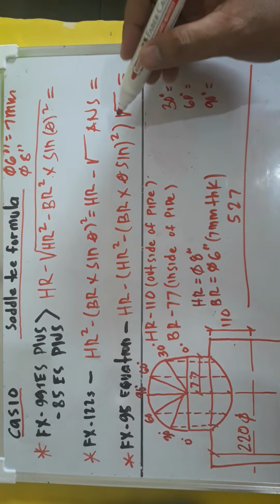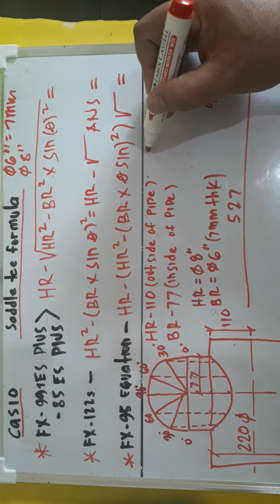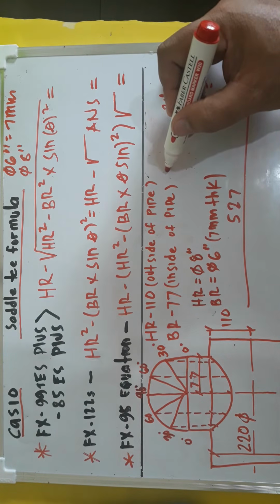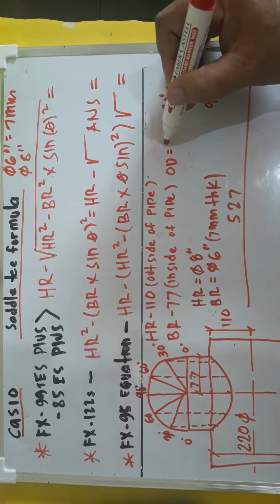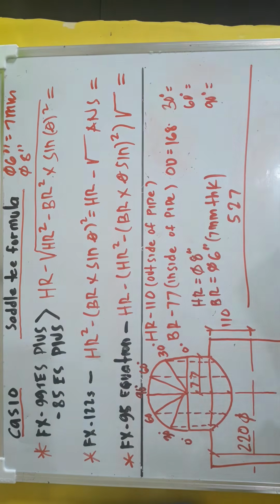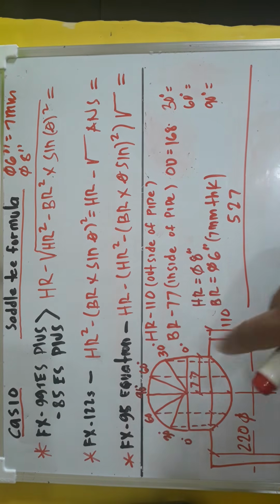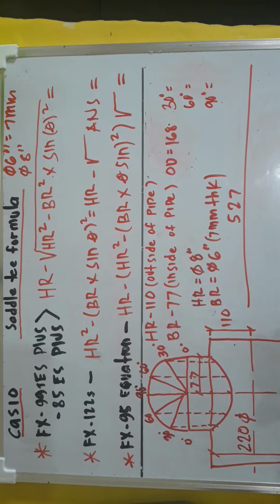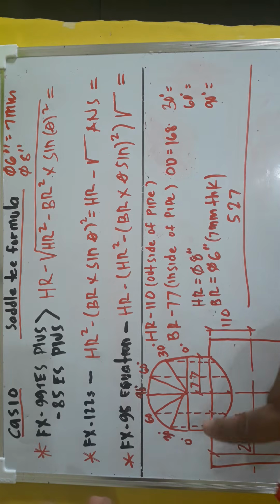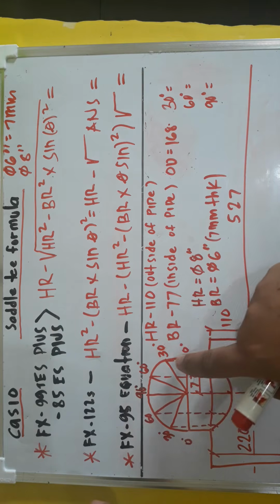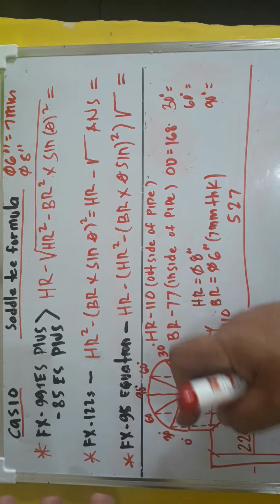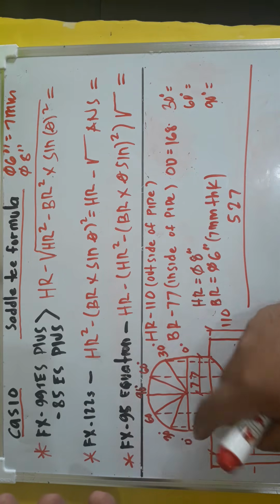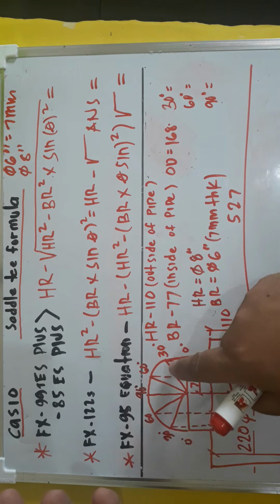So let me write first. This one, OD equals 168, the OD of the 6-inch. So then, since you divide a whole circle by 30, that means 1, 2, 3, 4, 5, 6, then plus the other side.